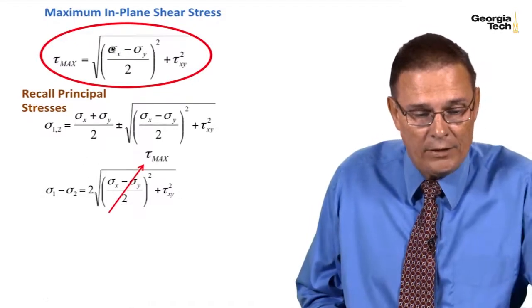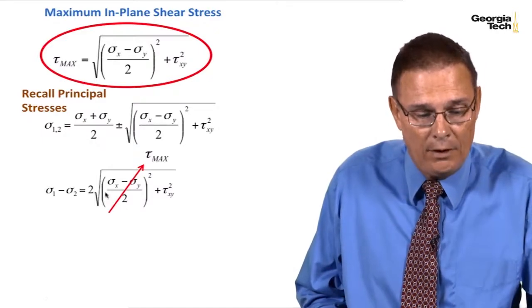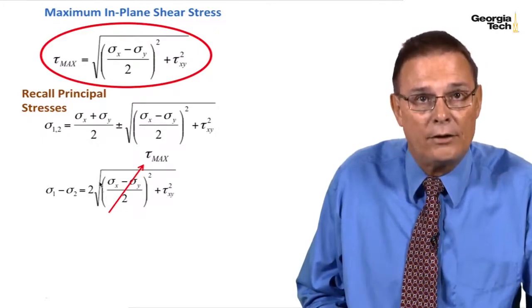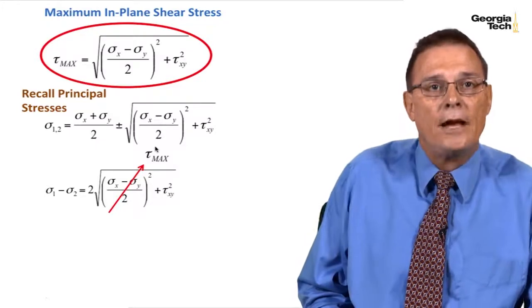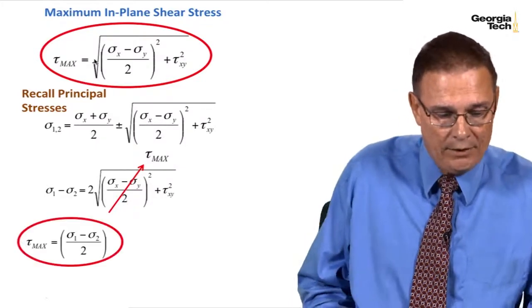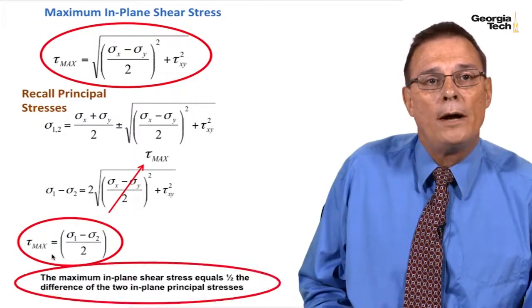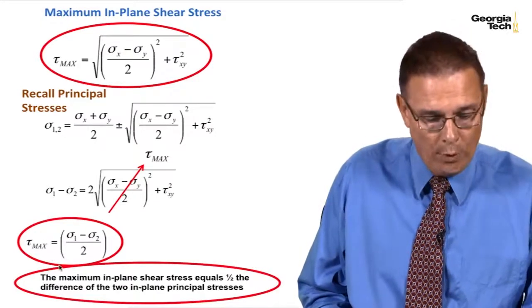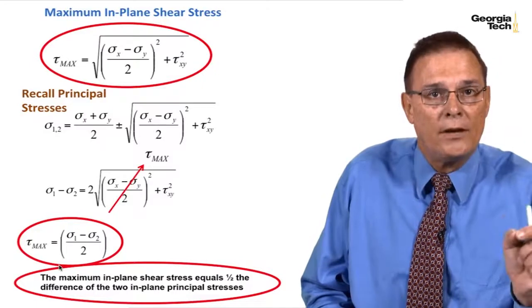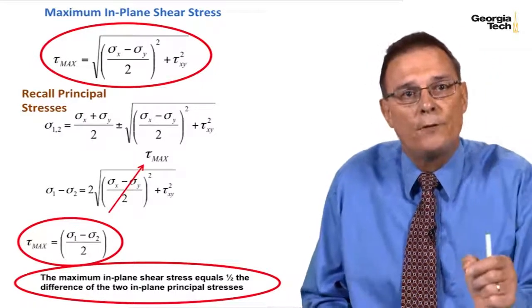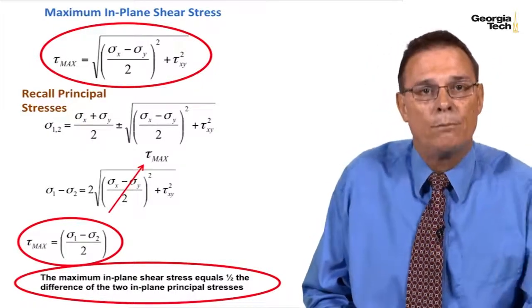And we can see that underneath the radical sign, underneath the square root sign, is equal to tau sub max up here. And so we find tau sub max is sigma sub 1 minus sigma sub 2 over 2, or the maximum in-plane shear stress equals 1/2 the difference of the two in-plane principal stresses.